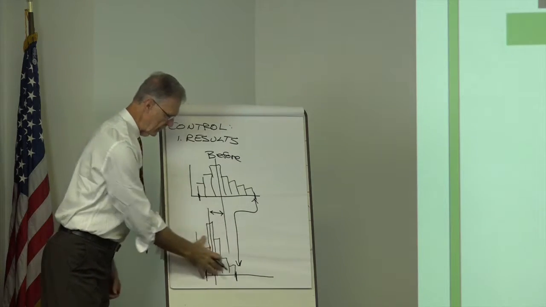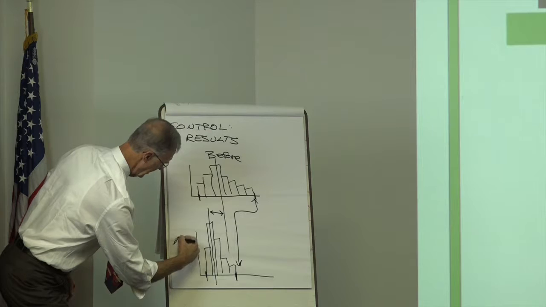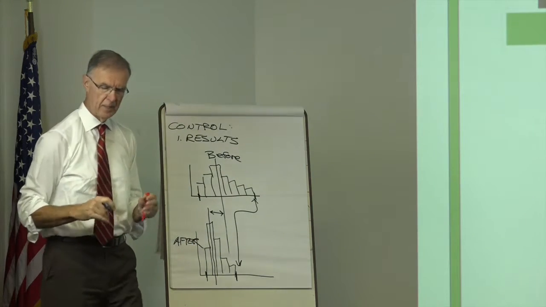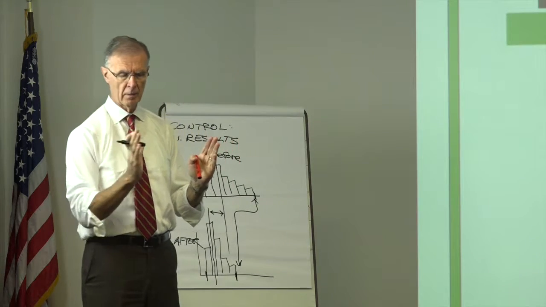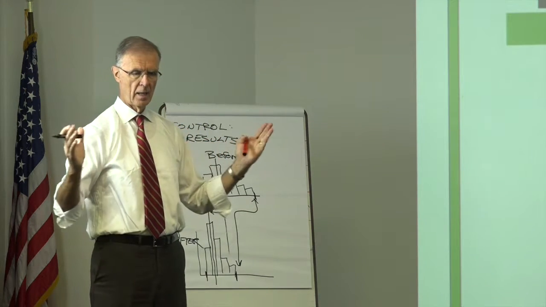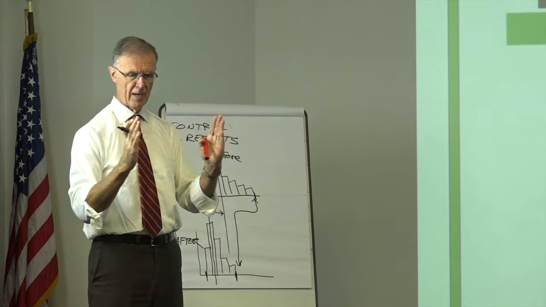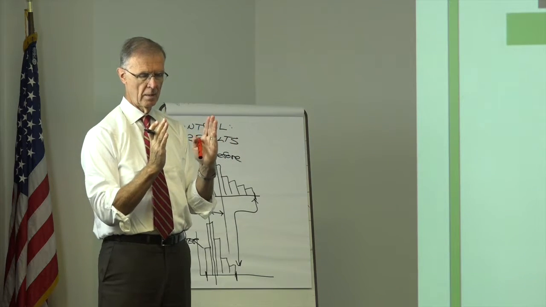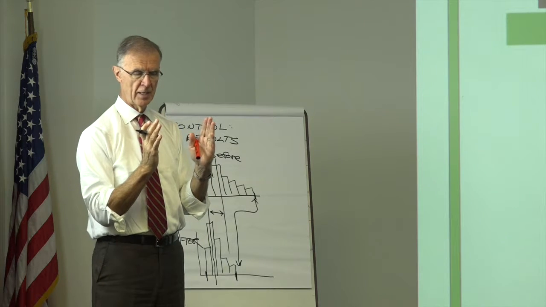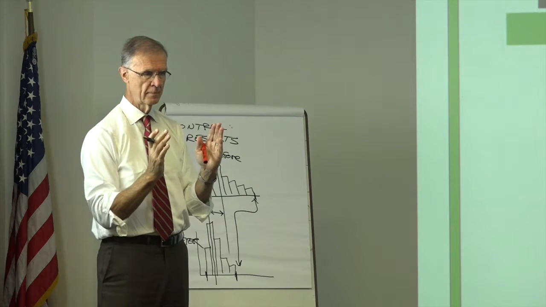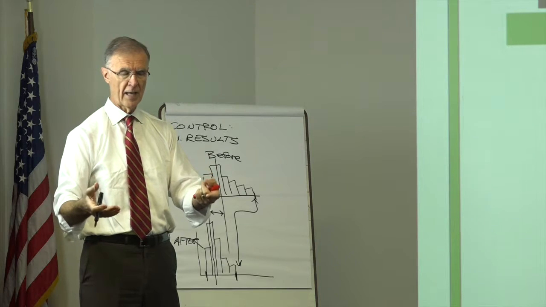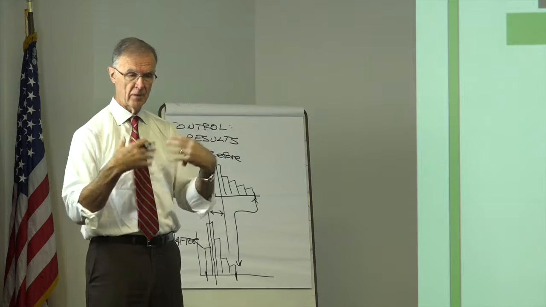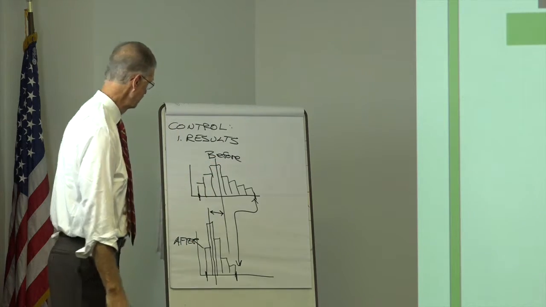So a good thing to see in the after histogram would be that the average cycle time got better and the range of the histogram was reduced. That means the process has less variation in it, and our customers are more likely to trust us and have confidence that we can deliver when we say we will.